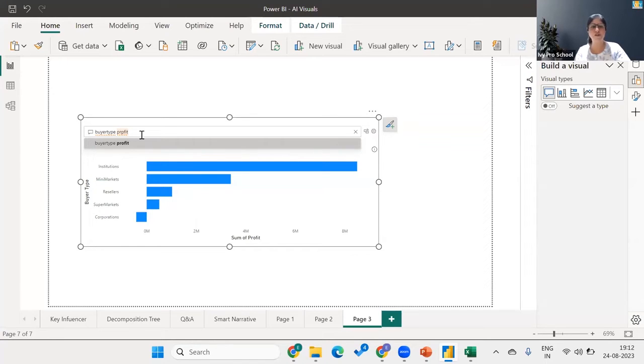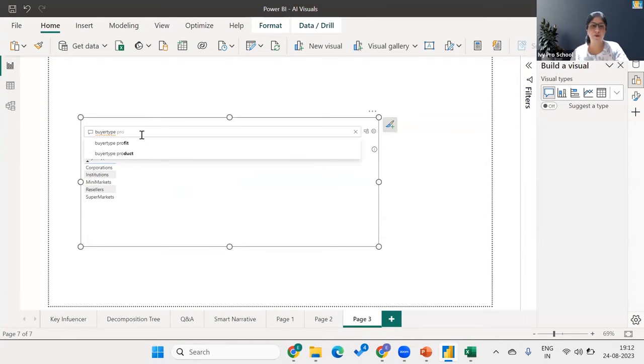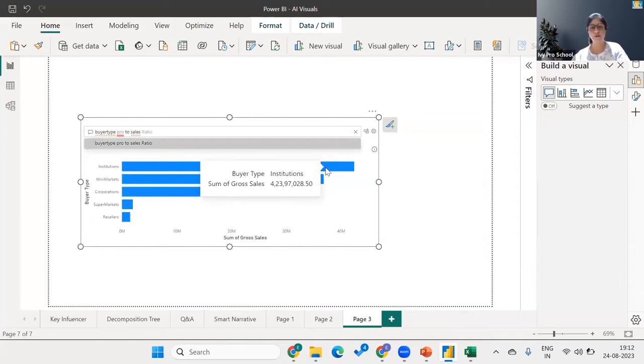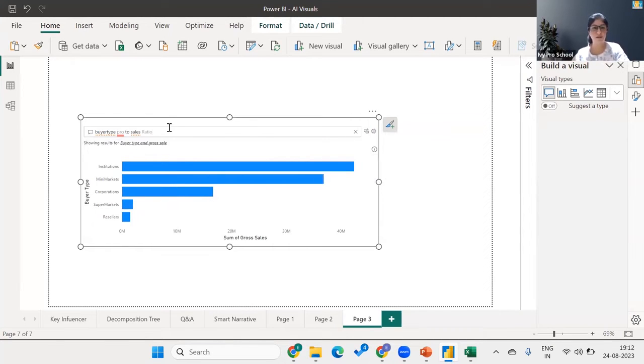And over here, whatever changes we want to make, buyer type, profit to sales ratio. So buyer type, profit to sales ratio. This is the gross sales.